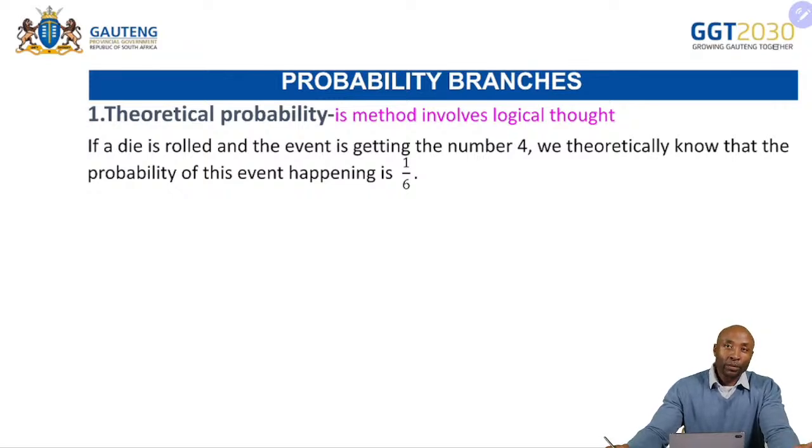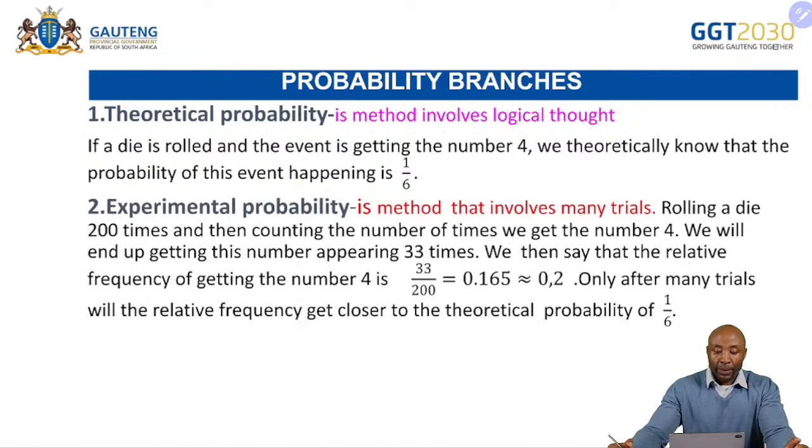Looking at the example of a 6-sided dice, the probability of getting a number 4 when you roll the dice, because there's only one 4 out of the 6 faces, becomes 1/6.